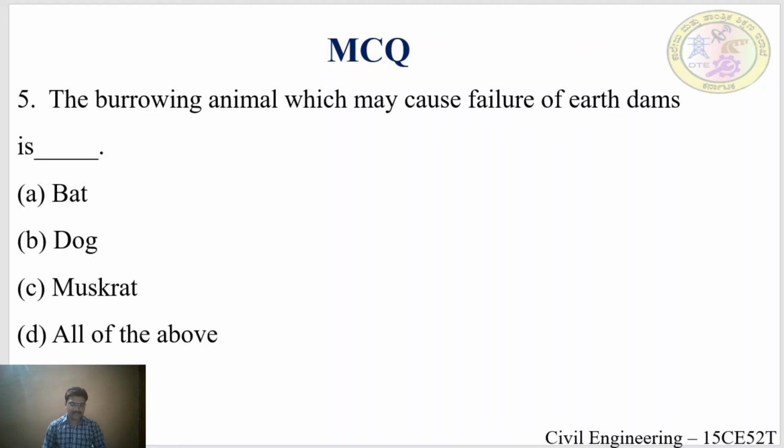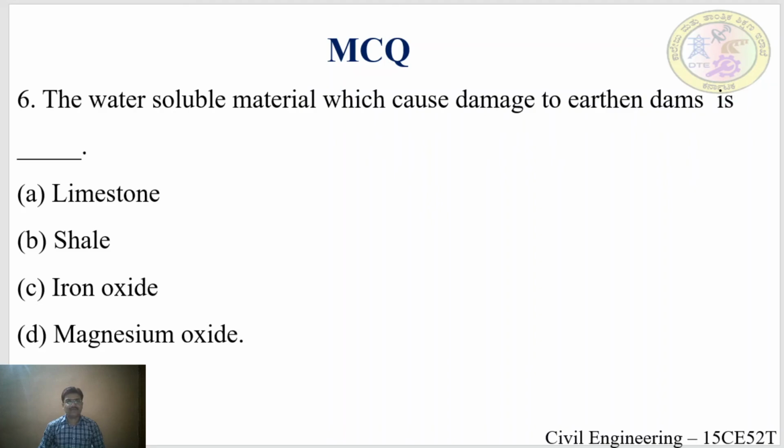So answer is C. Next one, the water soluble material which may cause damage to an earth dam is: limestone, shale, iron oxide, and magnesium oxide. In this session, we discussed the water soluble material which causes failure to the dam is iron oxide. Yes, answer is C.